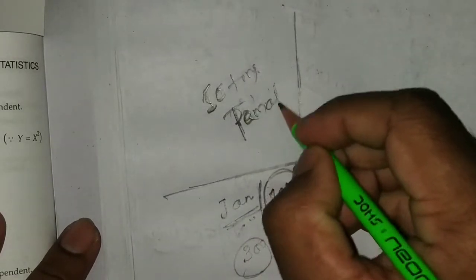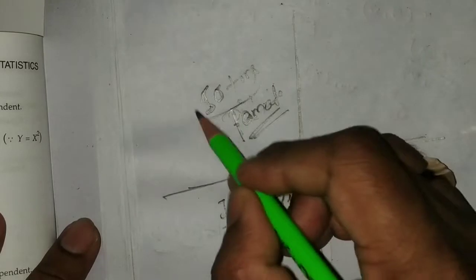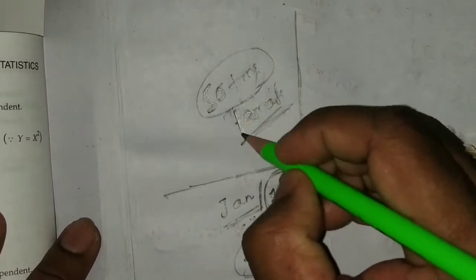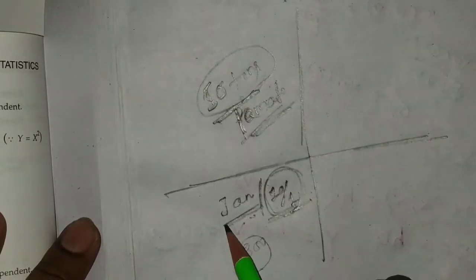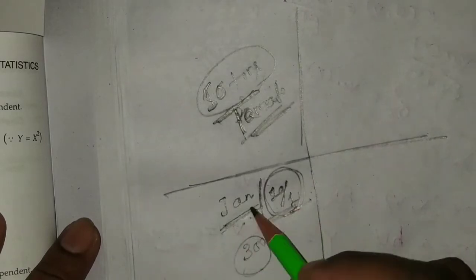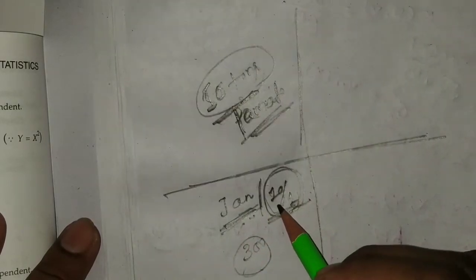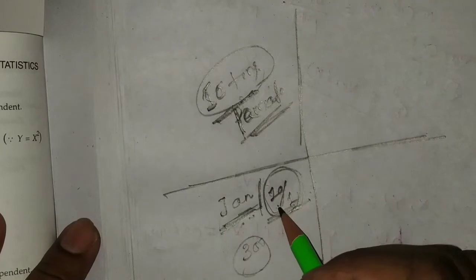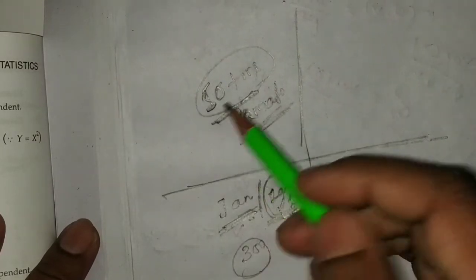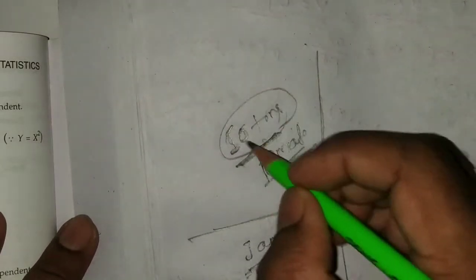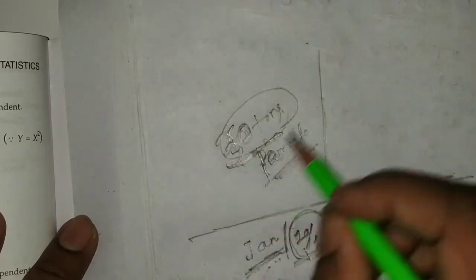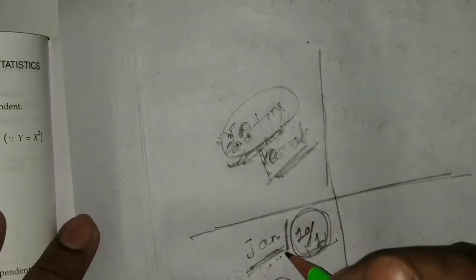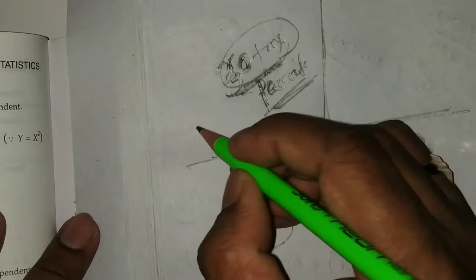So 30 ton of tomato you produced in January month, where the rate of marriage is 10 per day. That means per day 1 ton.